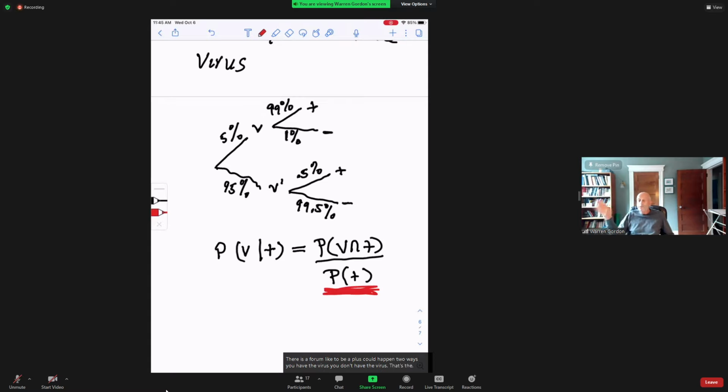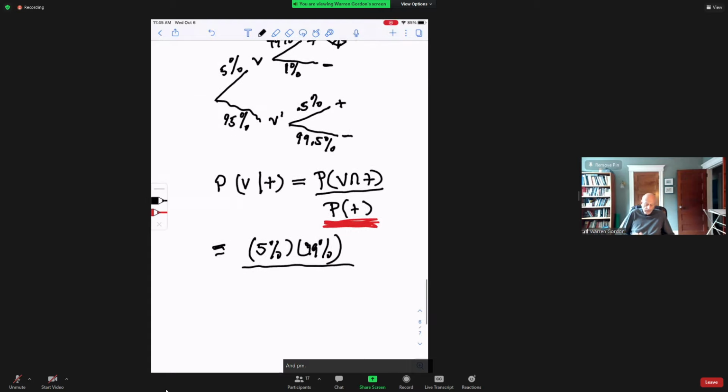That's the sum of all the possibilities. That's the law of total probability. But I can get it directly off the tree. So how can this happen? P of V and plus is the event up on top. That's 5% times 99%.